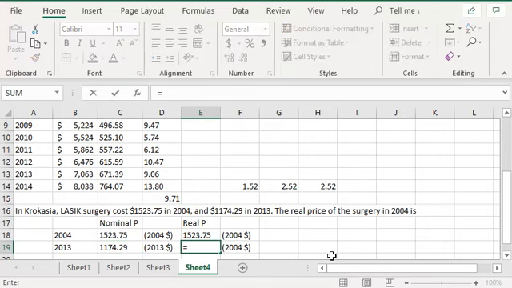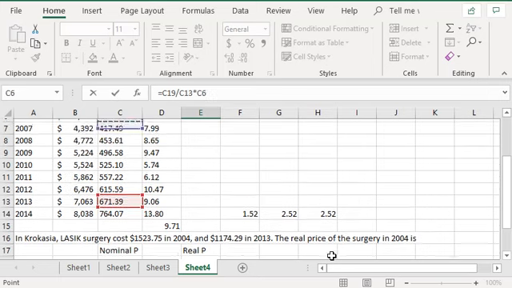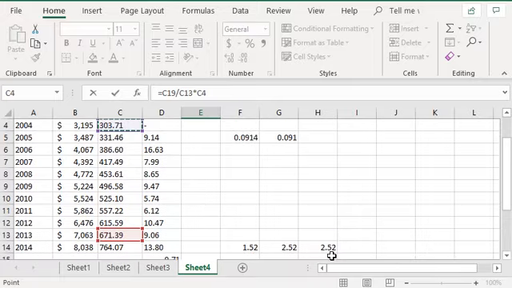So again, what you do is you take the nominal price in 2013. You want to get rid of the 2013 dollars, so you're going to divide by the CPI in 2013, right? This right here gets rid of 2013 dollars. Then you're going to multiply by the CPI in 2004 to give it 2004 dollars.